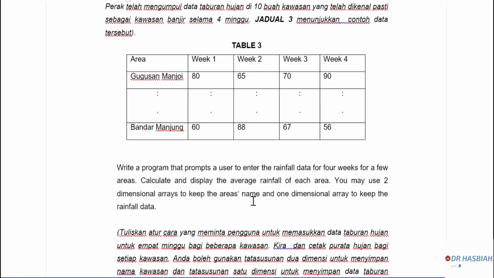The first bracket is how many students or how many areas, right? And in the second bracket we have the length of the name. You can refer to the example that I have given to you. And a one-dimensional array to keep the rainfall data.